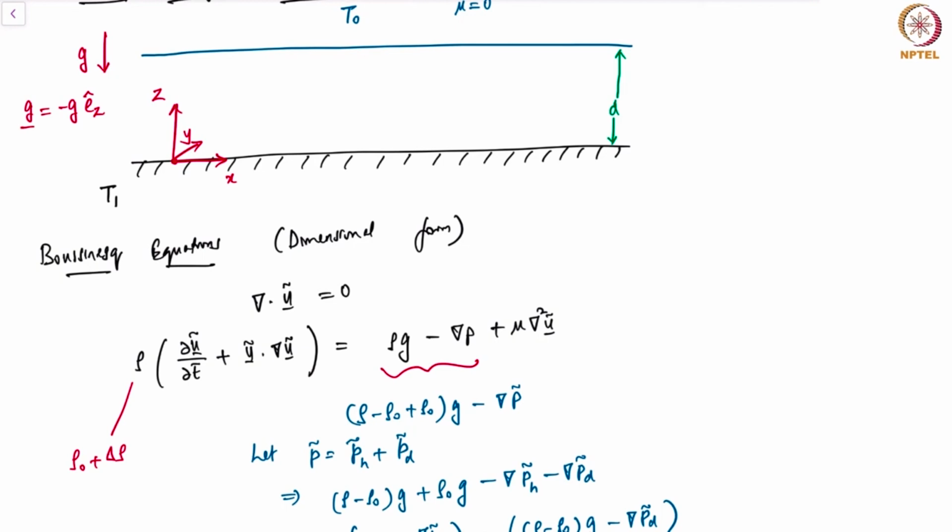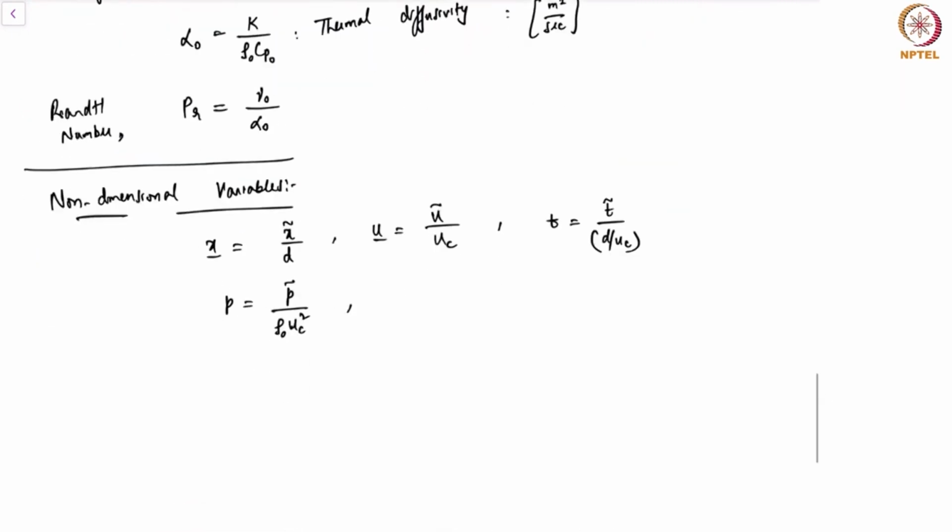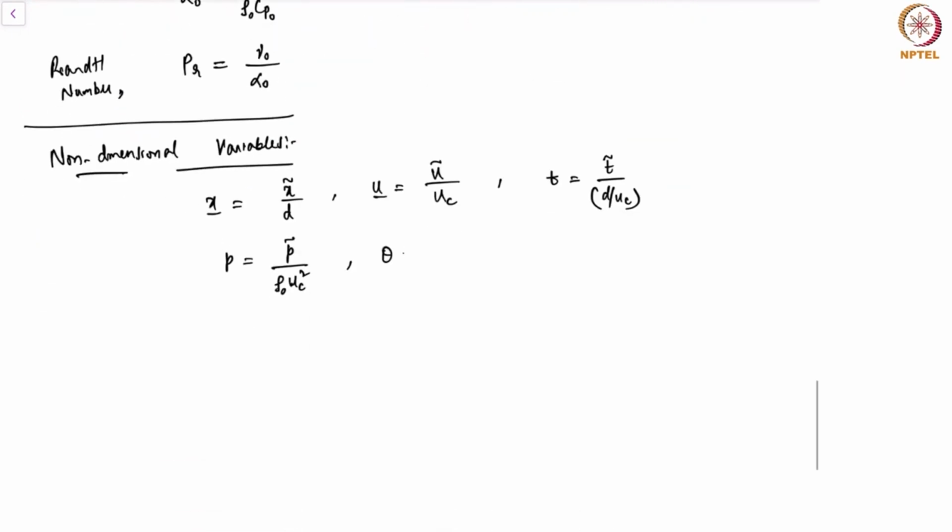So to define a variable whose value is between 0 and 1, we will consider the variation of the temperature between the hot plate at the bottom and any point in the bulk. So that will be T1 minus T tilde, and then we will divide it by the maximum variation that is possible. That's T1 minus T0. Okay.